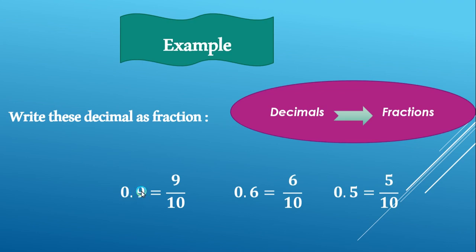If you have 1 number, I will put 1 with a 0 down, and in the numerator I will keep the same number. For example, here we have 9, I will keep 9. If you have 6, I will keep 6. I keep the same number, but I count how many numbers there are after the point and put that many zeros with the 1.